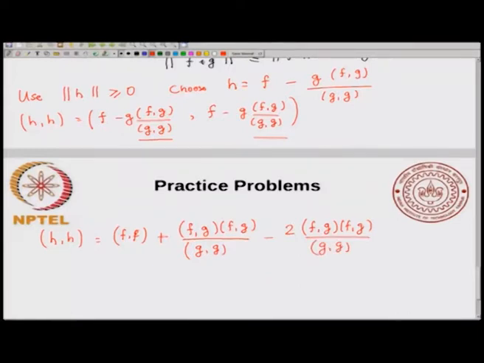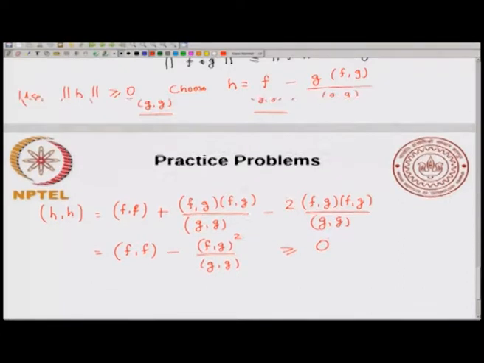Notice that this particular choice of H ensured that the second and third terms are basically the same. So, what you get is F comma F minus (F comma G) whole square divided by (G comma G), and because this is the norm of H, this should be greater than or equal to 0.